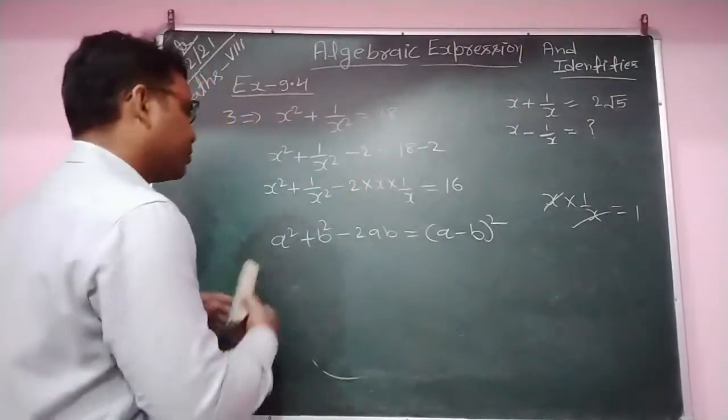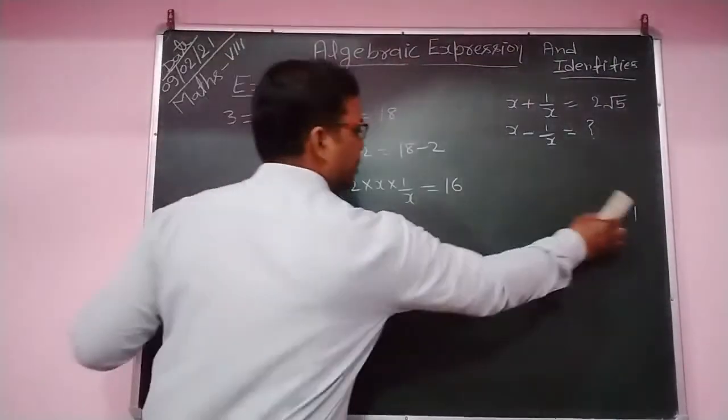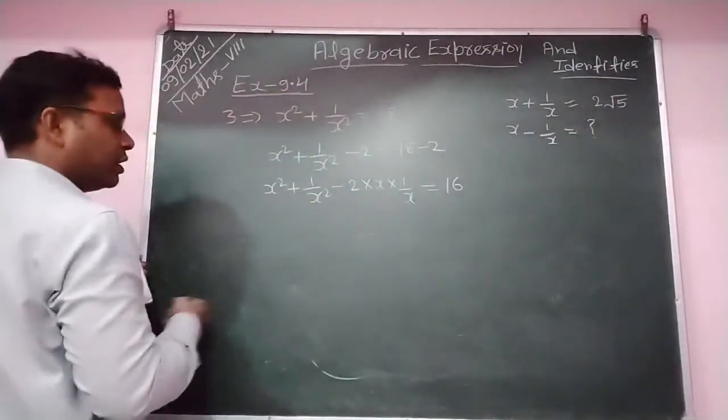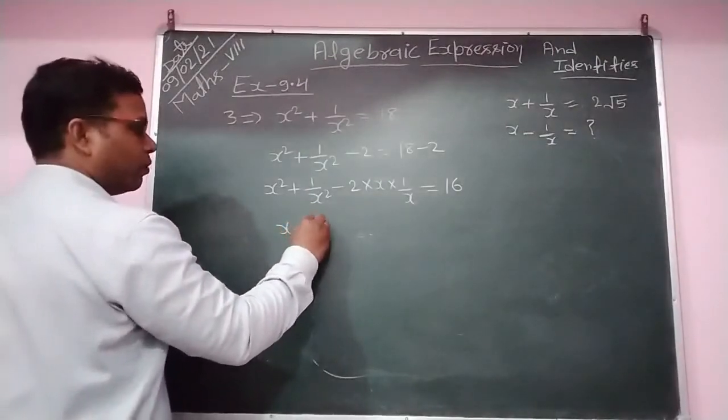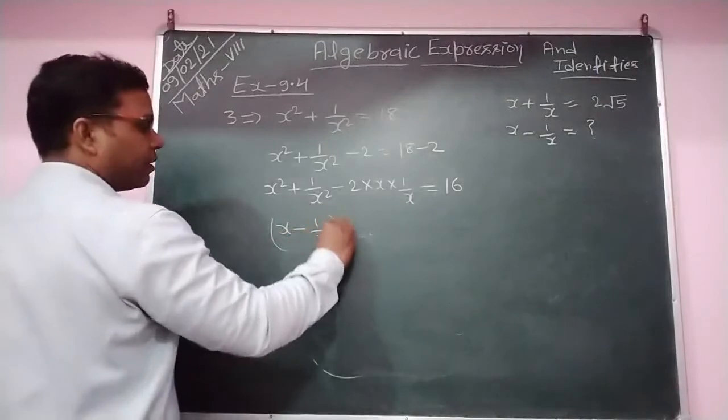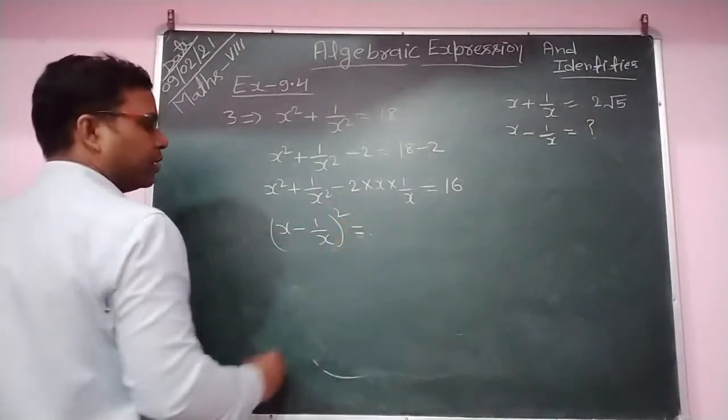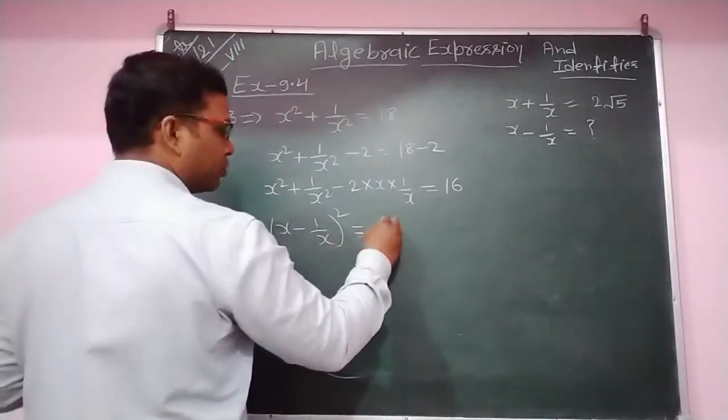Now you can write this as x minus 1 by x whole square, and this is equal to 16.